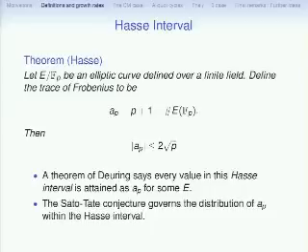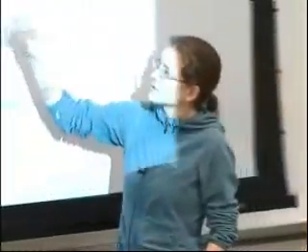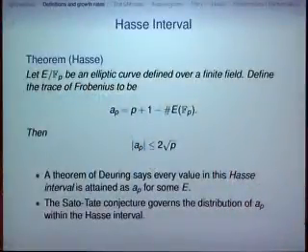This is a little background slide for those who want a little bit more about elliptic curves. If we have an elliptic curve over a finite field, let's say F_p, then we define the trace of Frobenius to be the difference between p plus 1 and the number of points on the reduced curve, because the reduced curve should have about p plus 1 points, but there's some variation. And the variation can be bounded.